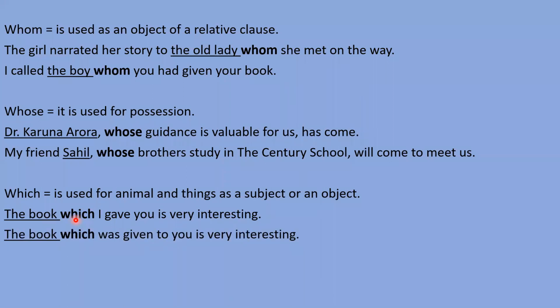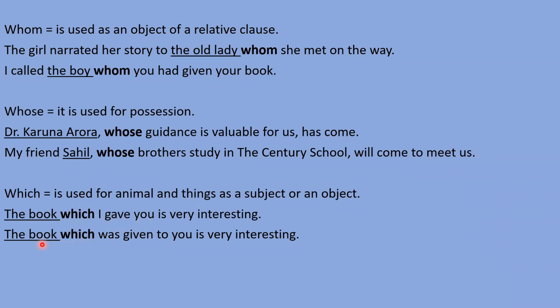Like, the book which was given to you is very interesting. So dear friends, in two examples, I want to make you understand that which word we can use as a subject and as an object also. See the sentence. The book which I gave you. So which word has been used here as an object in this sentence?